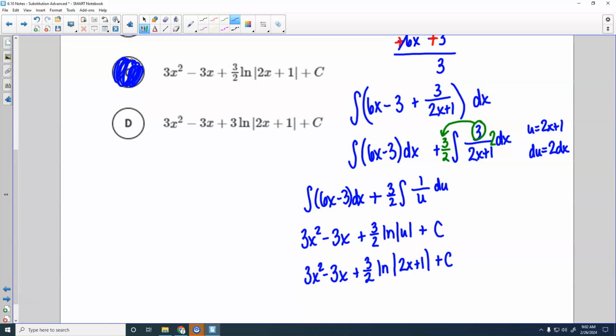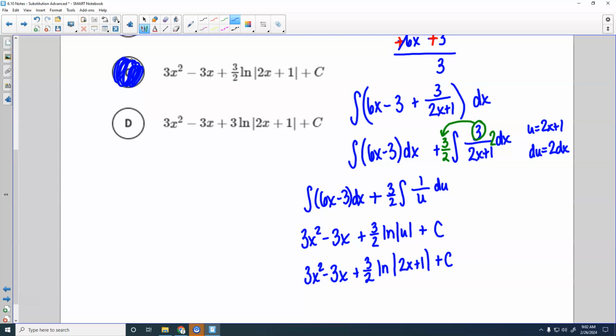What did they expect for you to do wrong on D? Not put that 1/2 in, and that would be so easy to do, right? So be careful. As long as you're foreseeing that it's going to be 1 over u and that's just natural log of u.